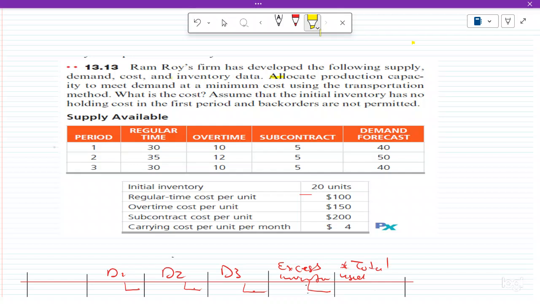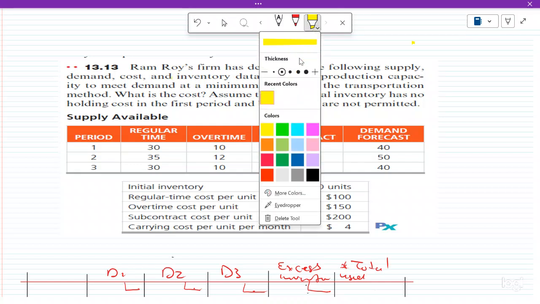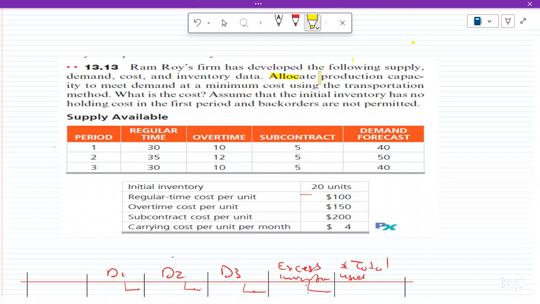You allocate your production capacity to meet your demand at minimum cost. So you are reducing the cost here using the transportation method.